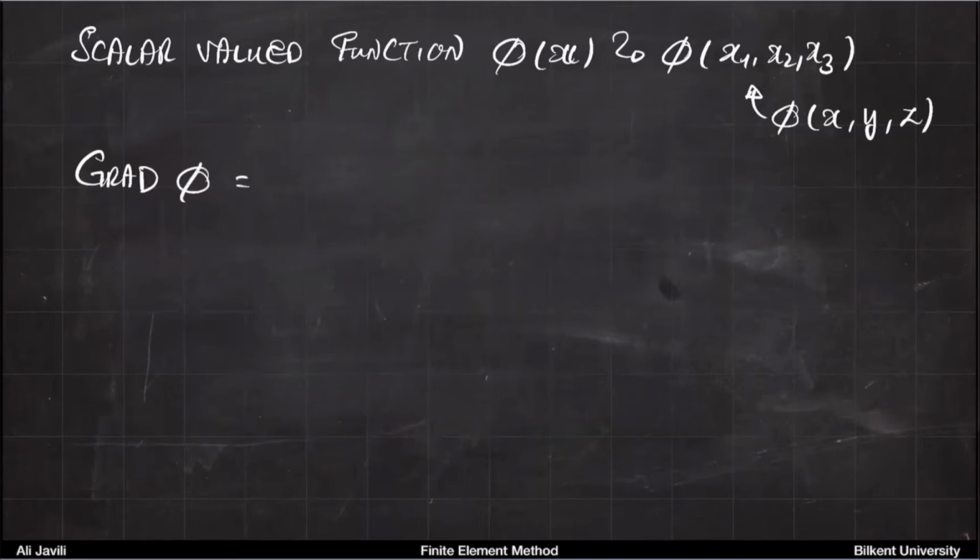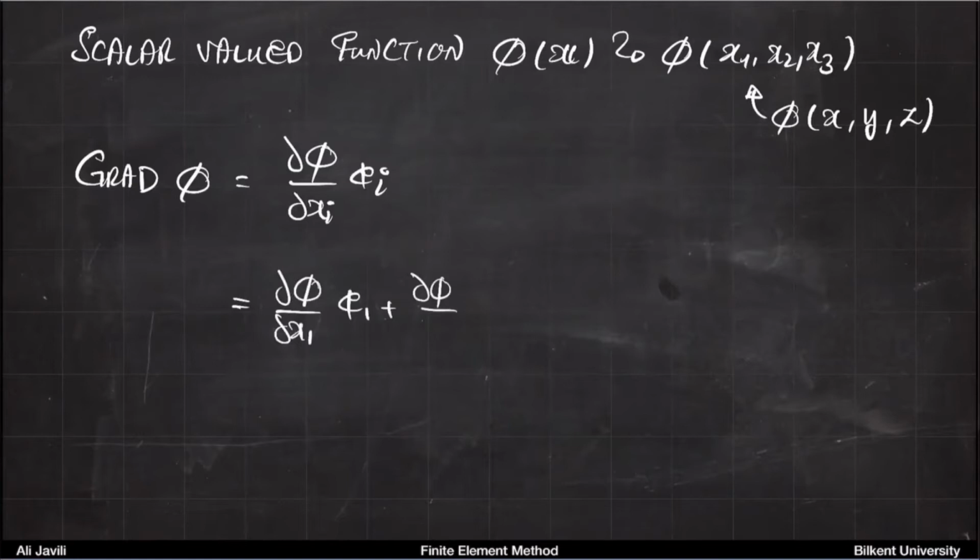Now, if I want to define the gradient of phi, as I mentioned, this is the derivative of phi with respect to xi, ei. So here you have this i repeated twice, so you would have a summation over that, which means this is the derivative of phi with respect to x1, e1, plus the derivative of phi with respect to x2, e2, plus the derivative of phi with respect to x3, e3.